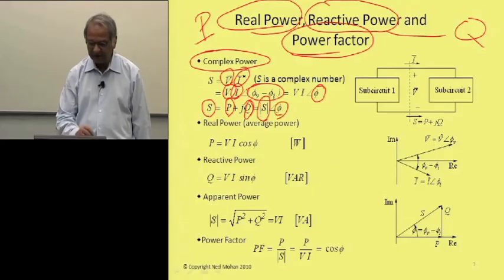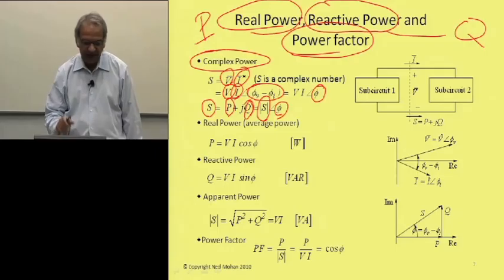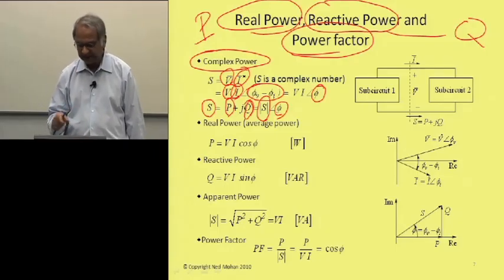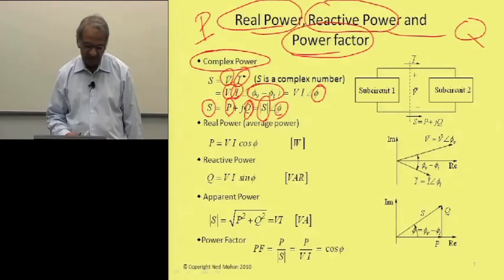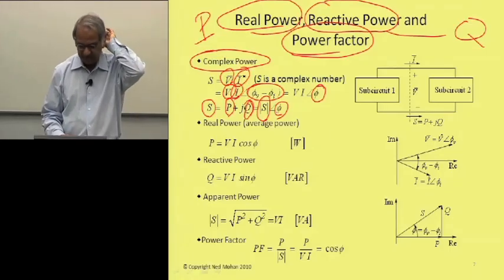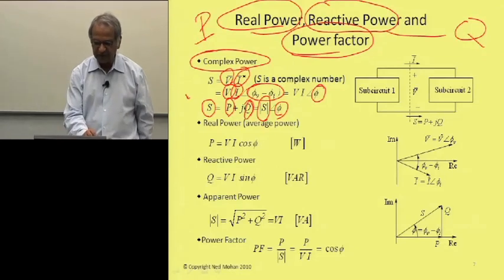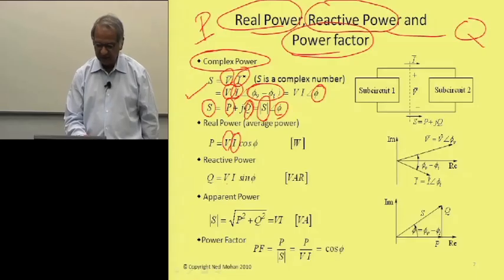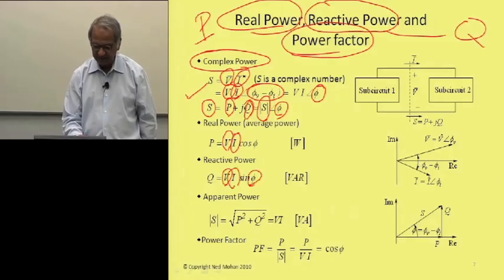The angle associated with this would be phi, the same angle by which the current, in this case where the drawings are shown, is lagging behind the voltage. From this expression, you can see that the real power would be the product of RMS voltage, RMS current, times the cosine of this angle. Reactive power would be the product of voltage and current times the sine of that angle.